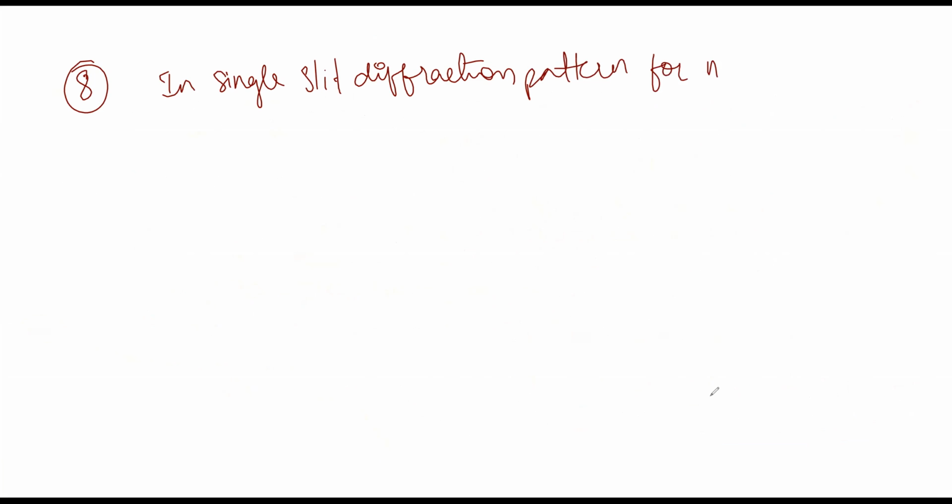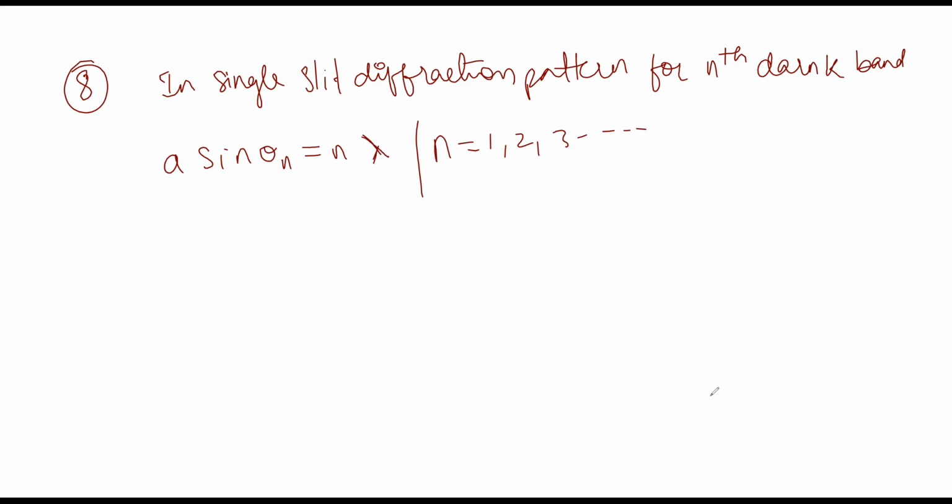What is given first? In a single slit diffraction pattern, for the nth dark band, we know A sin theta n is equal to n lambda, where n values are 1, 2, 3, the integers. What have they given?